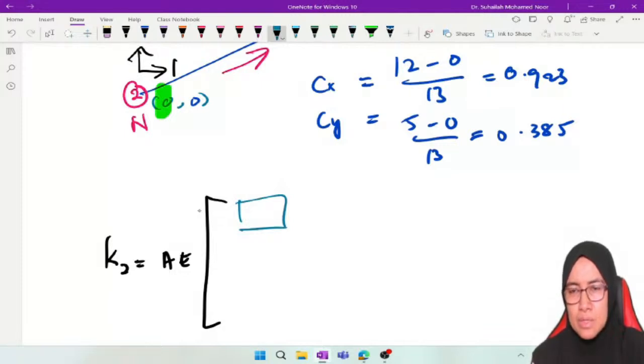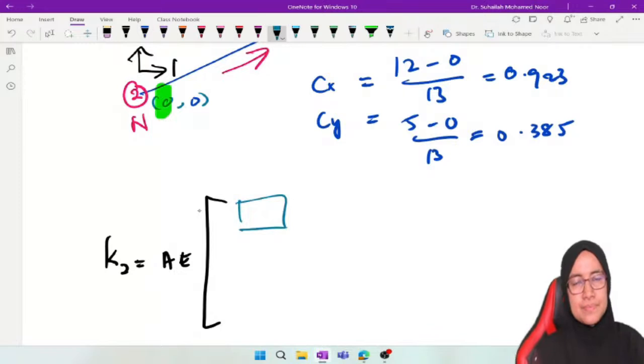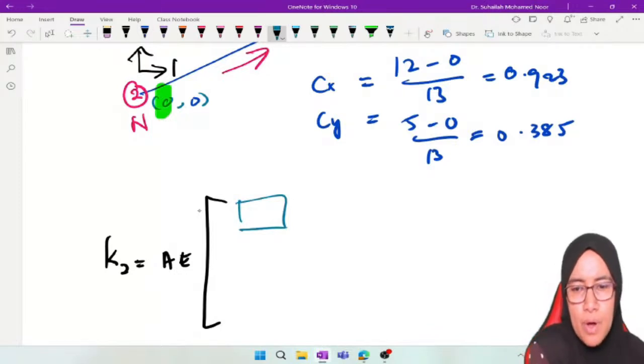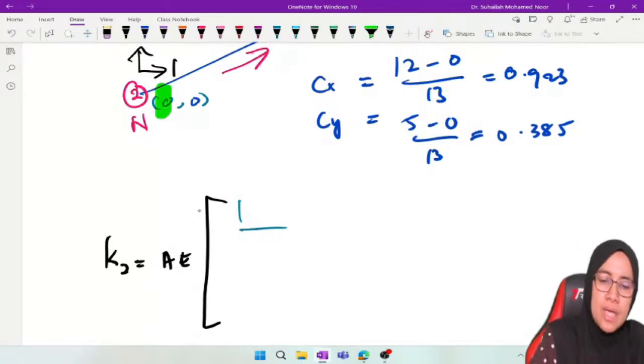What is the answer? It is Cx squared over L. It is 0.066.